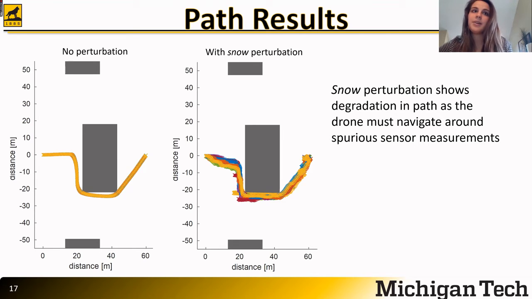And so you can see here to the left is when there was no perturbation. Every single time it made a clean path just around the object. Here, when there's snow, you can tell there's a lot of variation in the path it took, having to kind of avoid the snow that it noticed in the path.